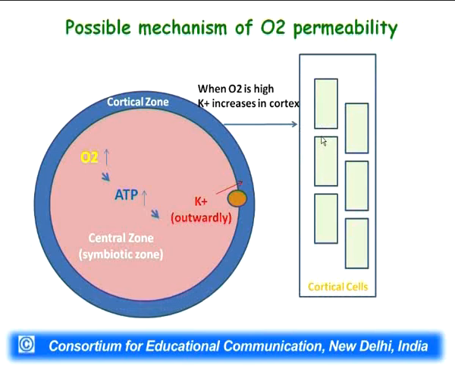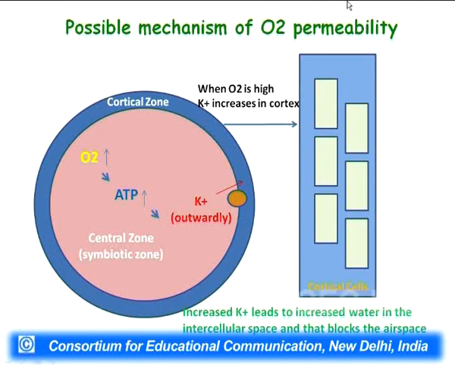So, oxygen or air can flow as a gas between the cells. However, oxygen solubility is quite low in water. So, when this space is filled with water, then oxygen cannot flow much, and this filling of water is carried out by the potassium ion concentration, and this mechanism is somewhat similar to the way guard cells operate.